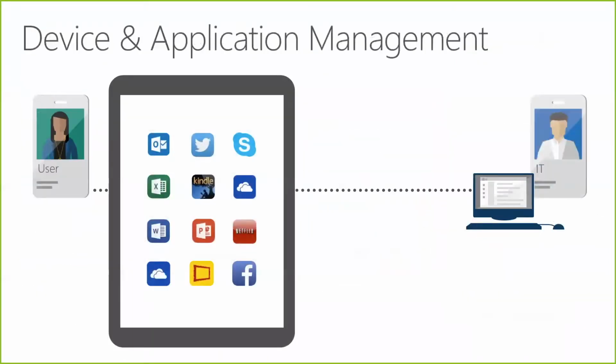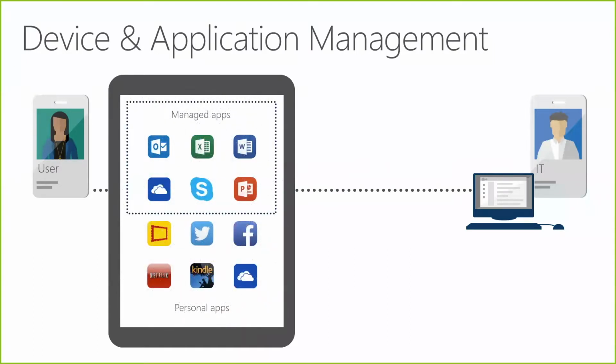In this scenario, we have a device which is managed by our IT, and the account is managed by Azure Active Directory, and this is one of our employees. On this device, we have managed apps, which are managed by Intune. And of course, we have personal apps, which are deployed and managed by the user, where corporate IT doesn't have anything to do with this.